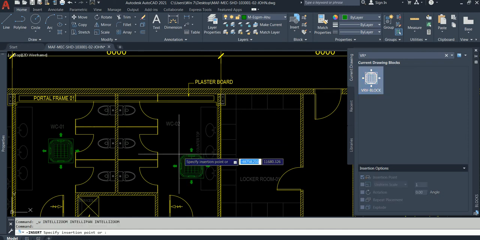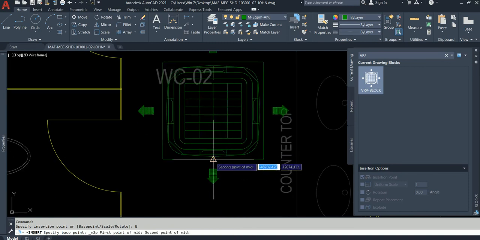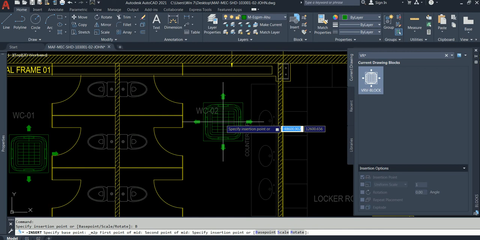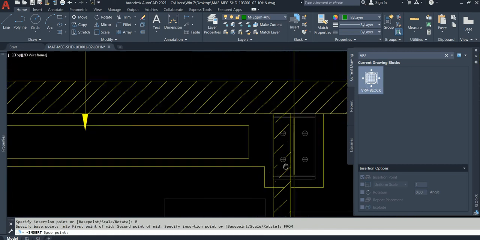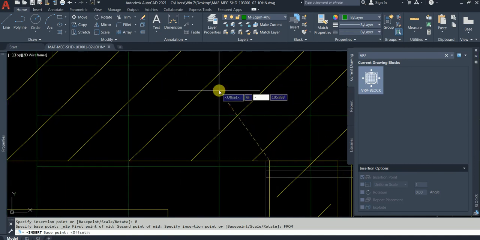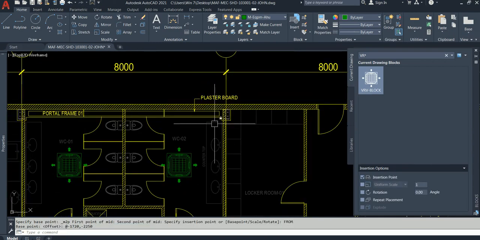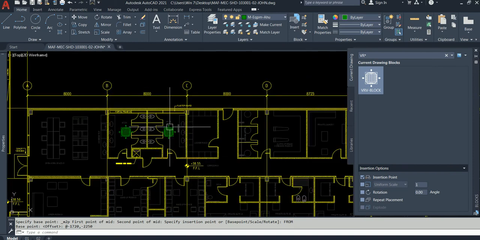Right click, insert. Okay, I hope this is clear. Similarly you're going to do the remaining ones.